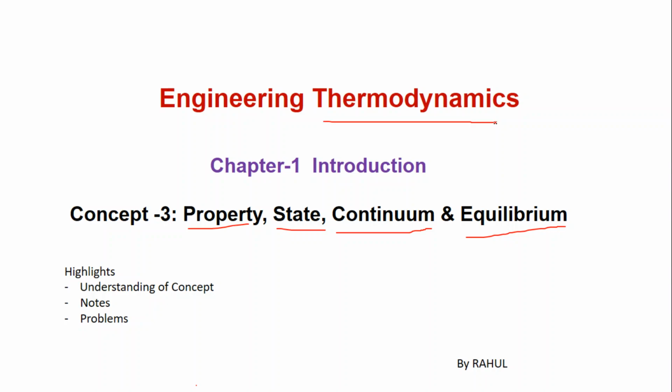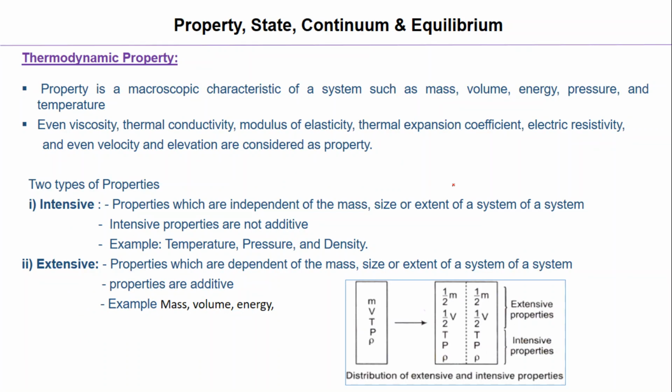If a system is not in equilibrium, meaning there are unbalanced forces in the system, then the system will move from one state to another state, and that movement is not the scope of thermodynamics. It is mostly the scope of heat transfer or kinematics. So here we mostly discuss systems which are in equilibrium. Now we'll go into detail and get some notes also.